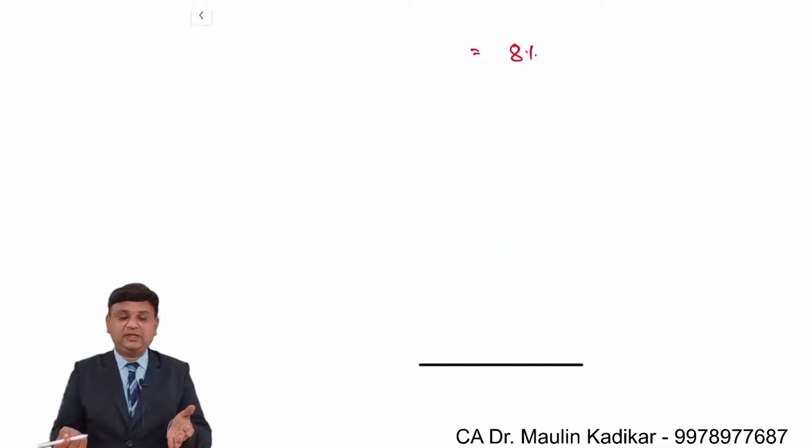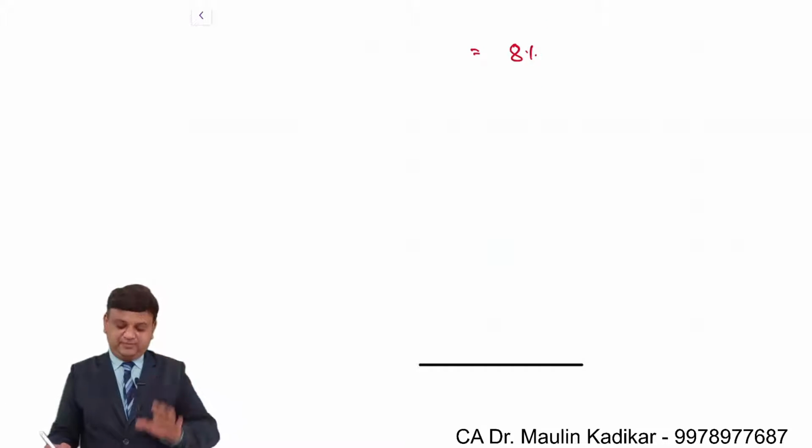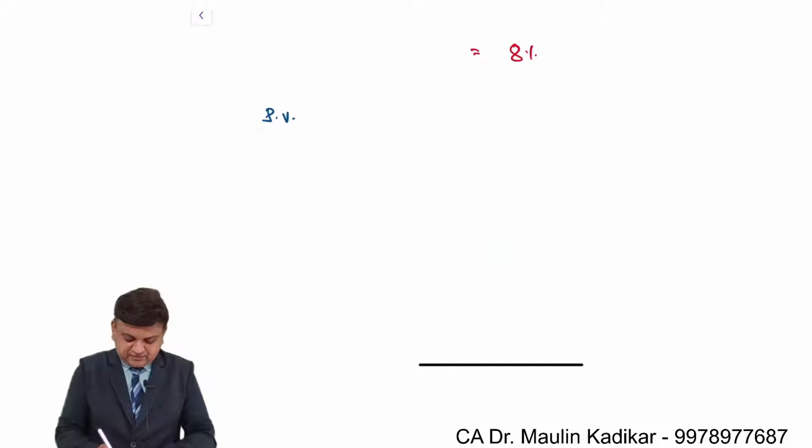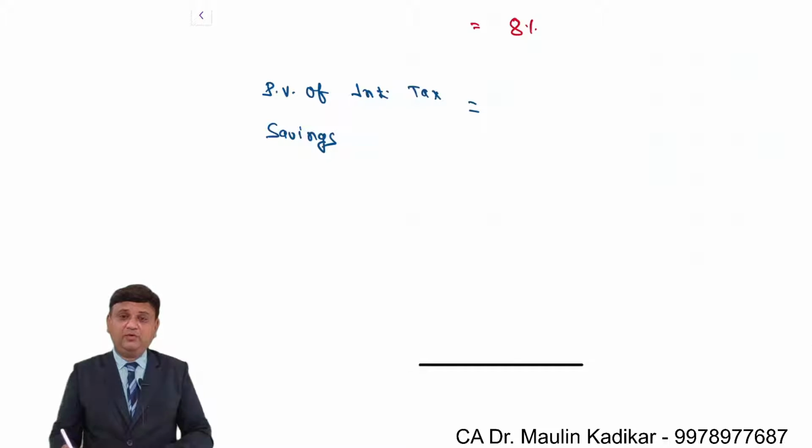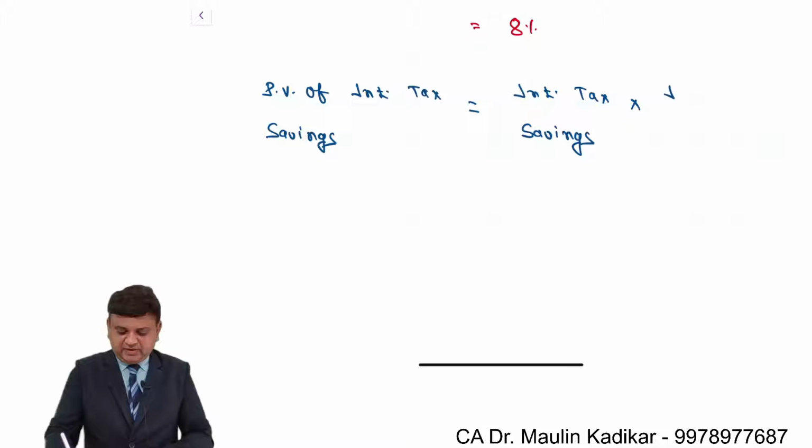Luckily, we have been given that every year the amount of interest is same. So present value of interest tax savings, which is required to be found for the purpose of APV, is interest tax savings into PVIFA at the rate of pre-tax cost of debt for n number of years.